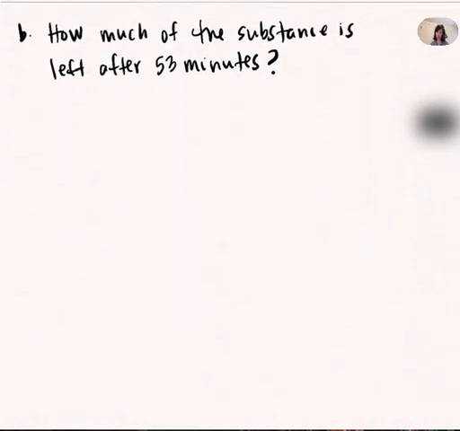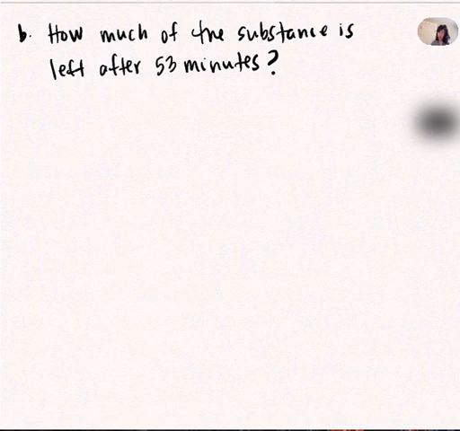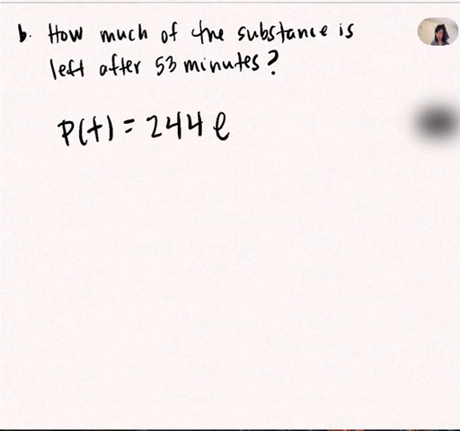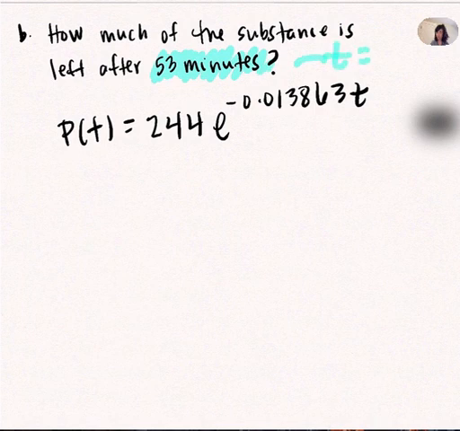Okay, let's do part B. Part B is how much of the substance is left after 53 minutes. So part B is a little bit shorter. We have our equation that models the decay of the substance. We know it's 244 e to the negative 0.013863t. And we're just being asked, after 53 minutes, or when t is equal to 53, how much substance is there?